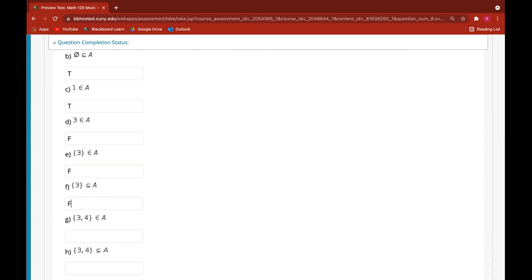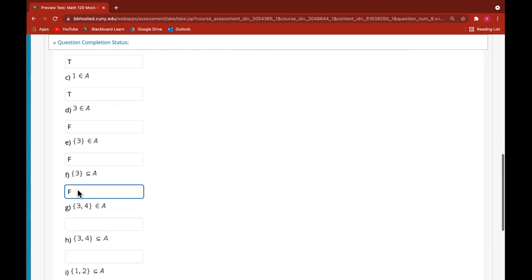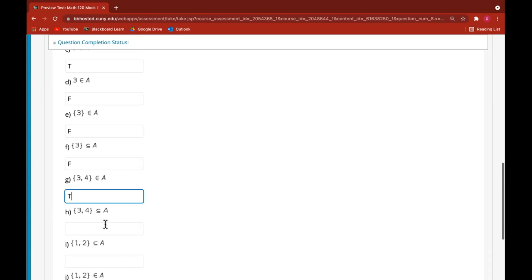Now what about, is the set containing 3 a subset of A? It's false, right, since we don't have 3 in our set, so it cannot be in the subset. Now, is the set containing 3, 4 an element in A? This is true. Now, is the set containing 3, 4 a subset of A? It will be false.